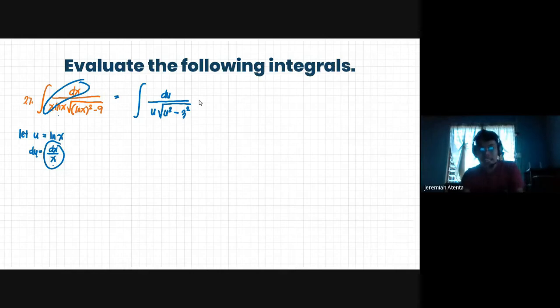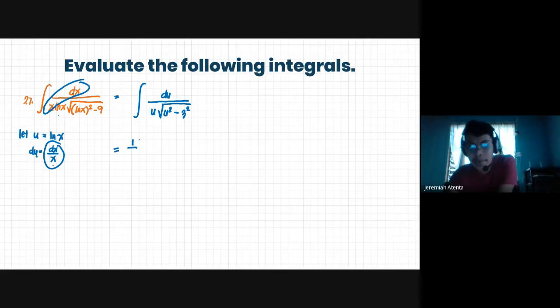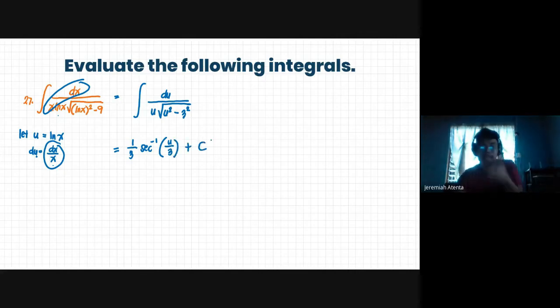And that is for secant inverse, right? Since this is in simplest form already, we will have 1 over a. What is our a here? A is 3. Yeah, very good. So this is 1/3 secant inverse of u over a, which is 3, plus c, right?